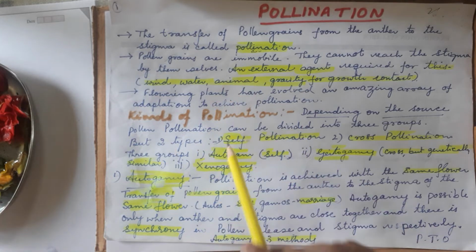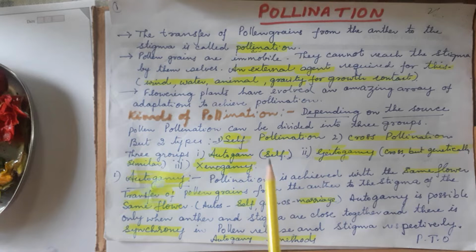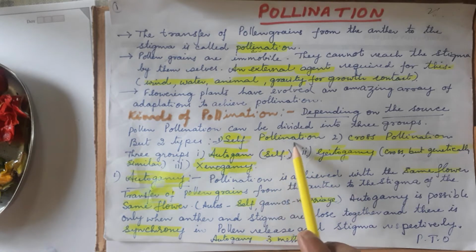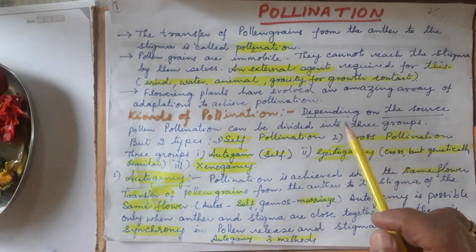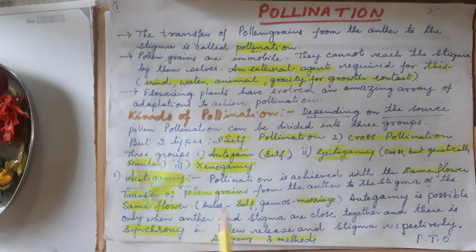Now, what are the kinds of pollination? Generally, pollination is of two types. This you have learned many times. One is self-pollination. Self means same flower, same pistil, same pollen. Cross-pollination is when pollen comes from a different flower to the pistil of another flower. So there are two types, self and cross. And in that, we can divide into 3 groups.